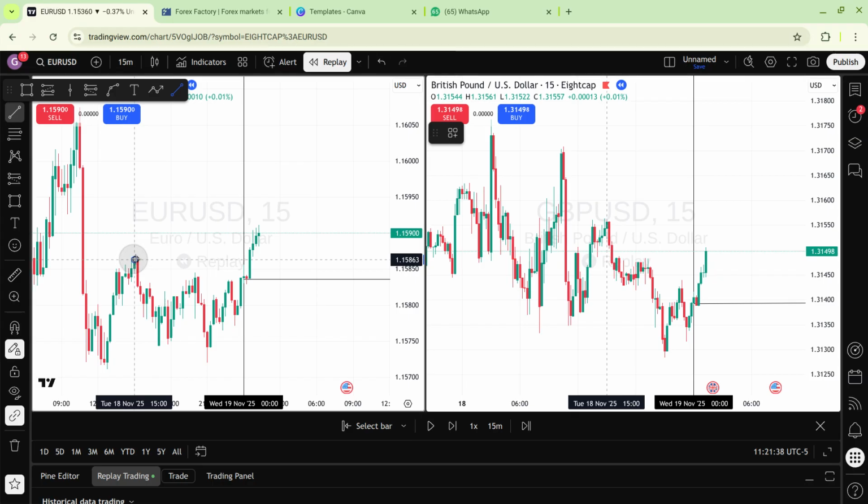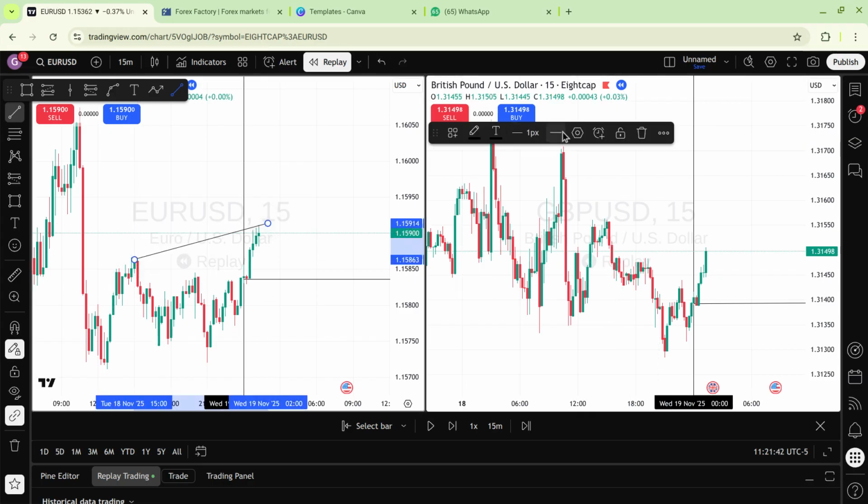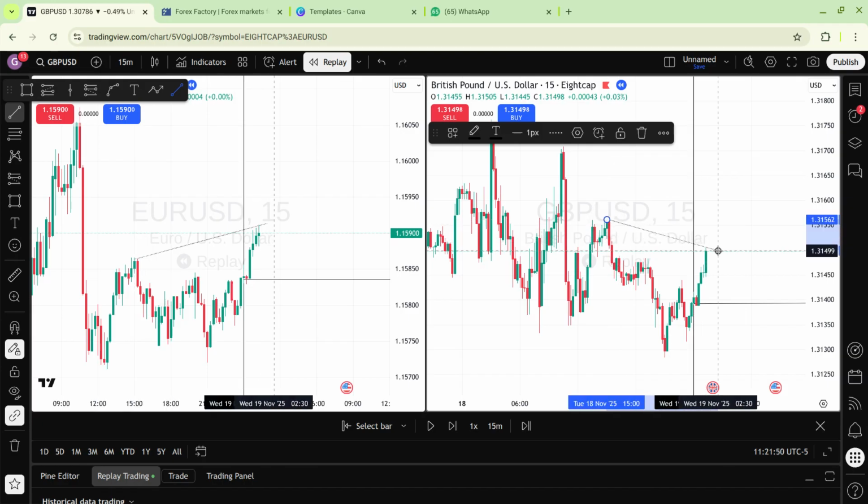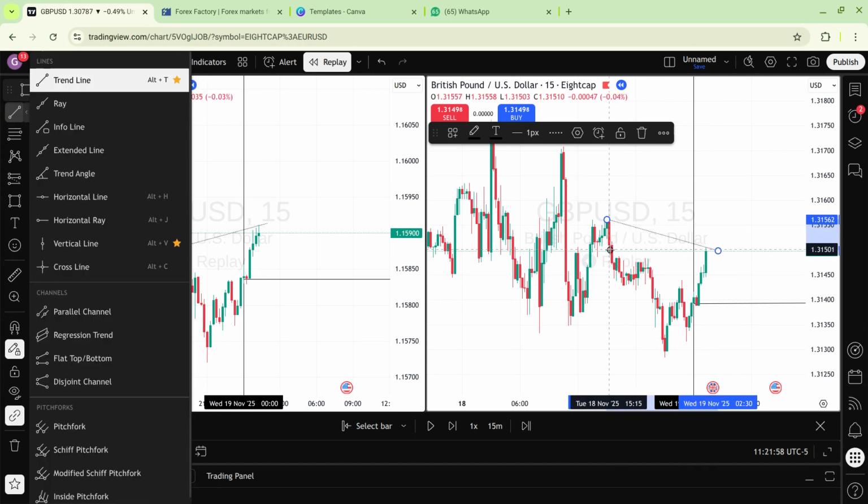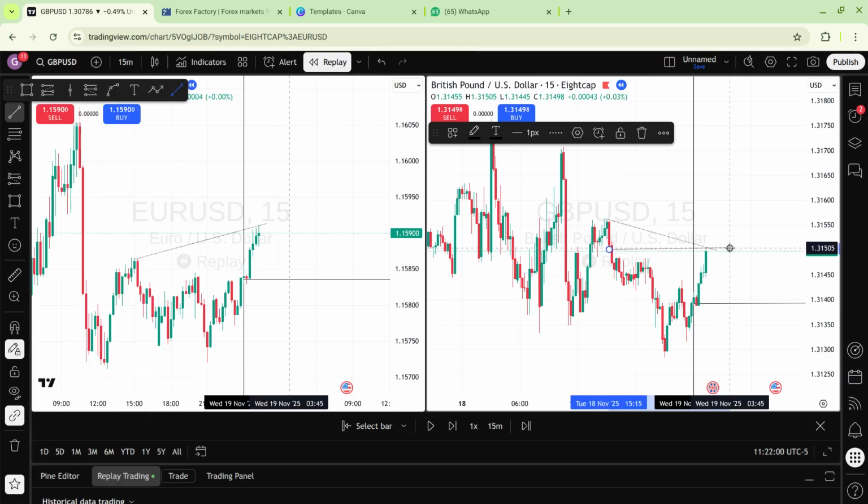Starting from the EURUSD side, we were able to create a higher high, while on the GBPUSD side, we were not able to create a higher high. And I actually started looking at the charts at this exact moment because while I was looking at it, I was able to pinpoint this fair value gap.